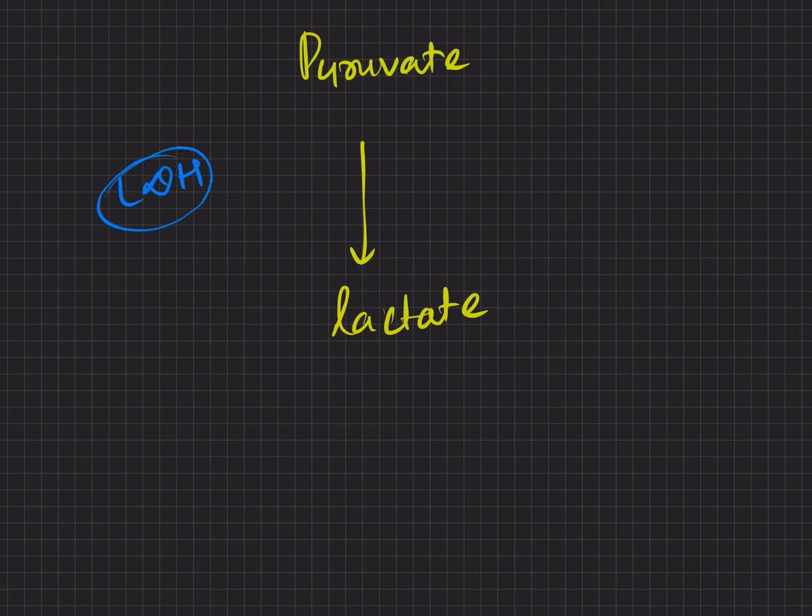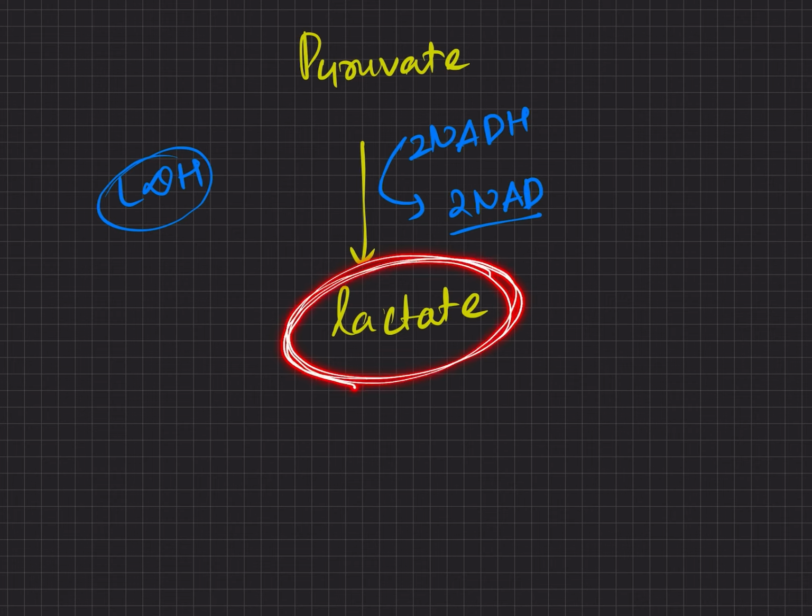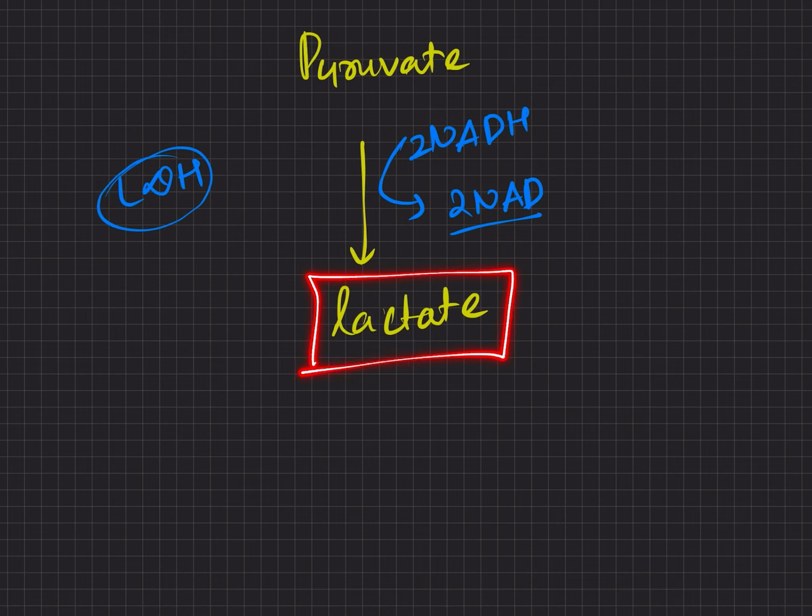In this reaction, 2 moles of NADH become 2 moles of NAD. So this happens under the anaerobic condition. Whenever lactate is formed, nothing else will be formed. That is called the dead end of glycolysis.